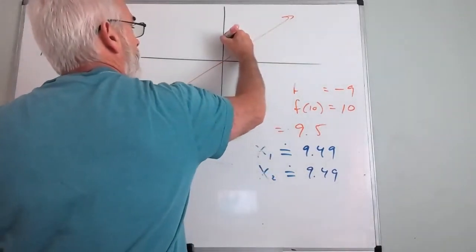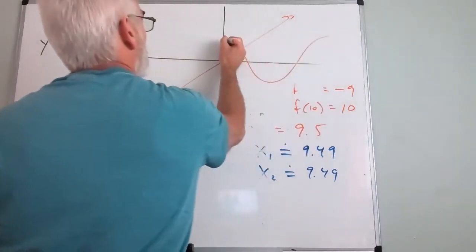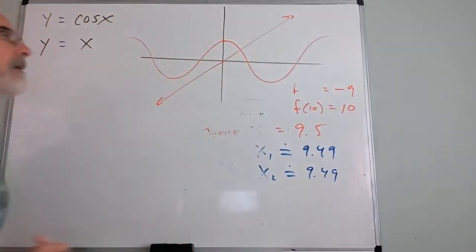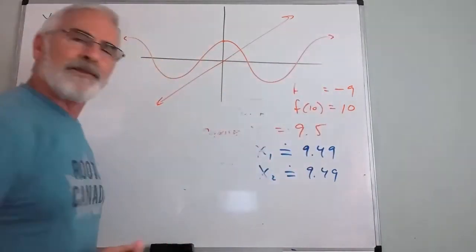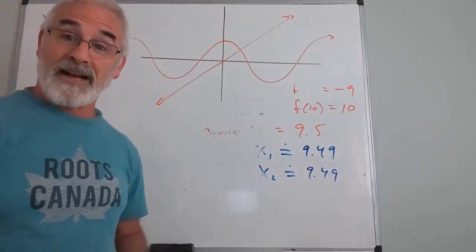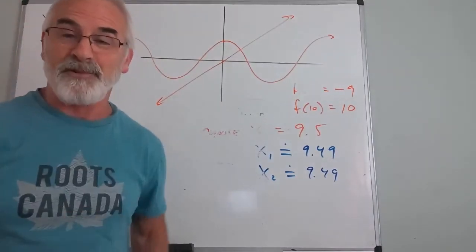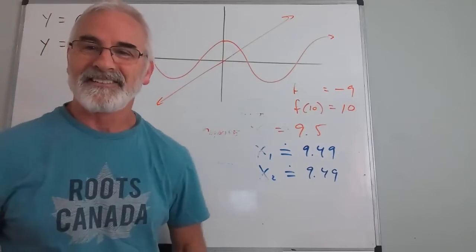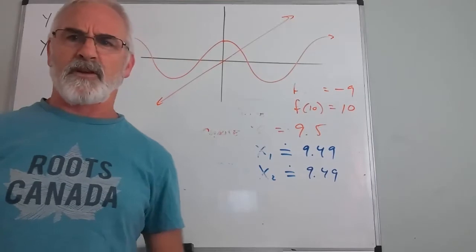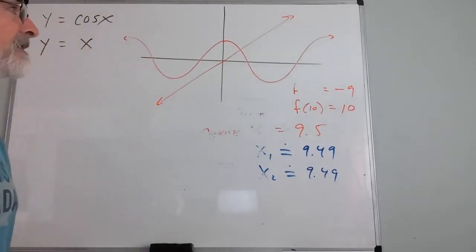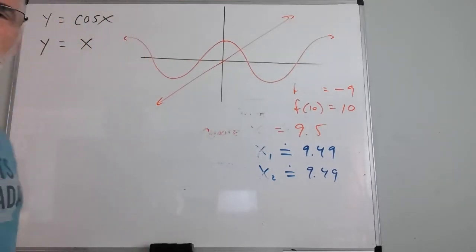Cosine graph, we know, kind of goes, okay, it goes forever and ever and ever. You know, but there is something interesting about these graphs. They actually do intersect at exactly one place. Can anybody tell me where they intersect, by the way? I'm just curious. Where exactly does the cosine graph and y equals x intersect? Anybody know the answer off the top of their head?